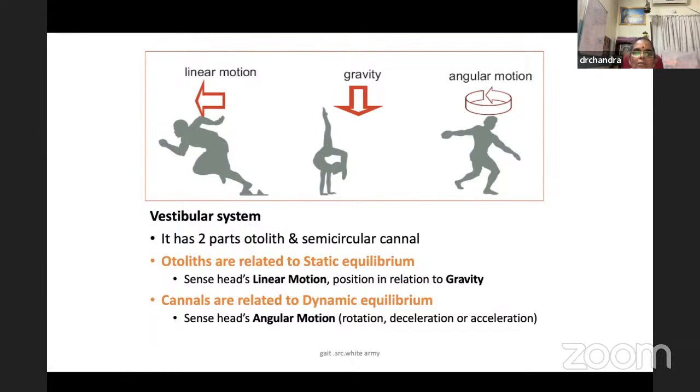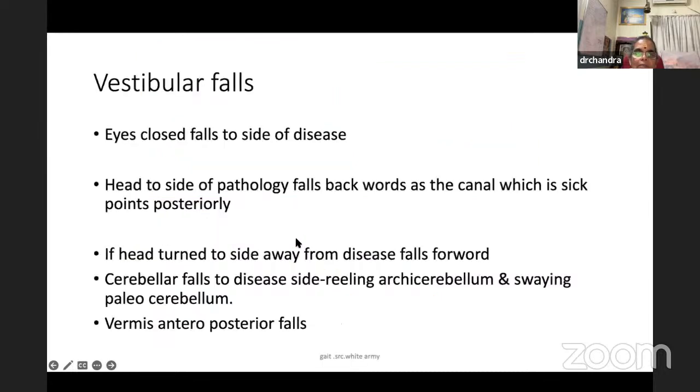So you have the vestibular system, with otolith and semicircular canal. Otoliths are related to static equilibrium, and the semicircular canals to angular acceleration. So movement-related disequilibrium occurs in the semicircular canal, whereas static disequilibrium occurs due to otolith dysfunction.